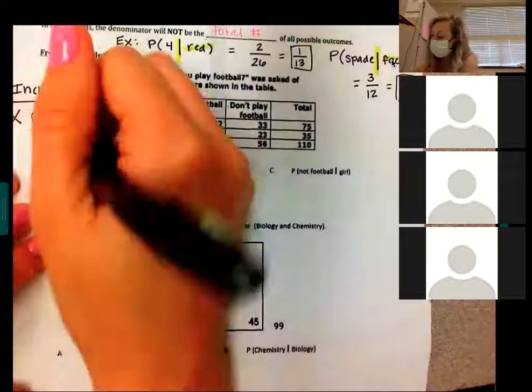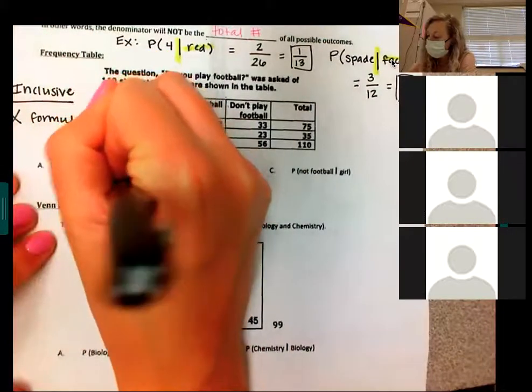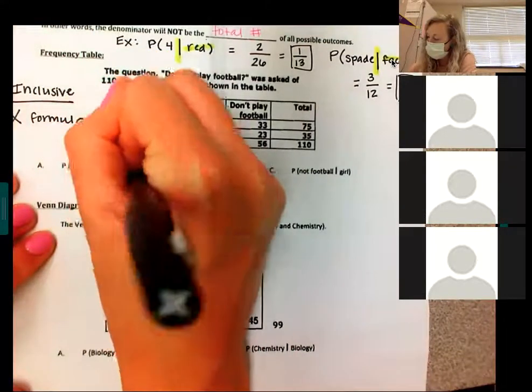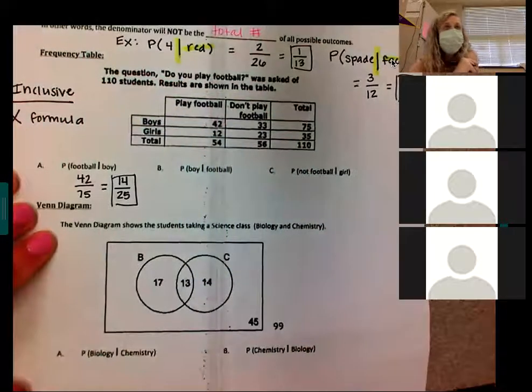That does reduce, I'm going to help y'all out, 14 out of 25. Does that make sense? It's not hard when it's out of a frequency table. It's very easy to look at because they've already separated each type of condition.